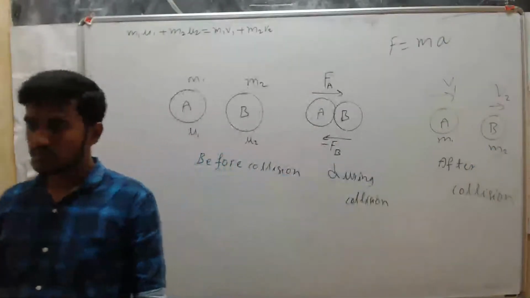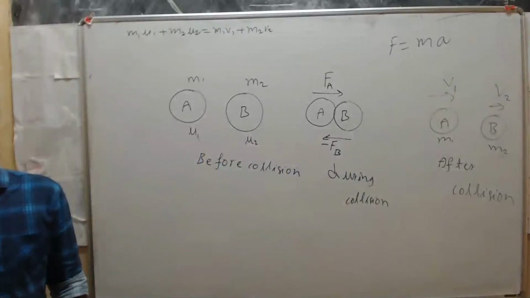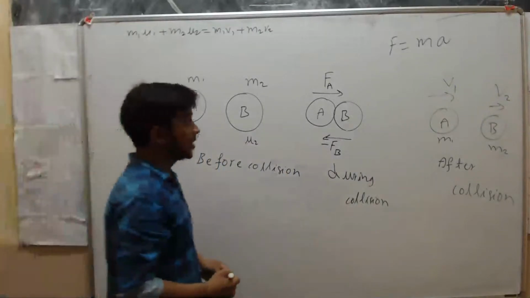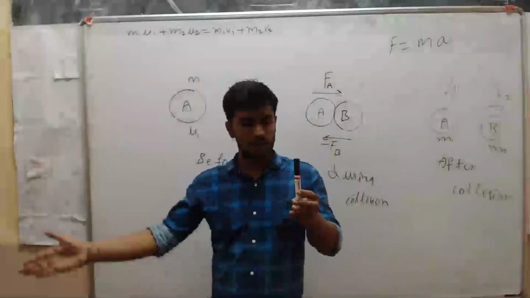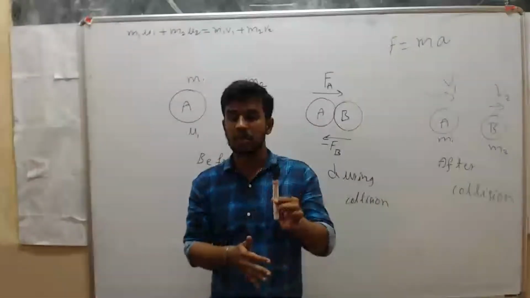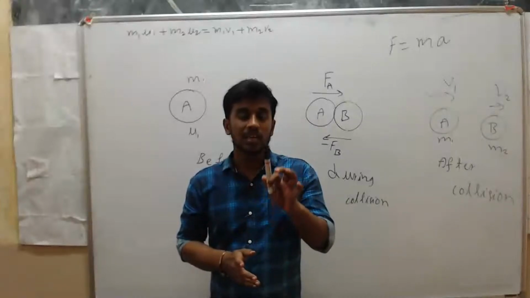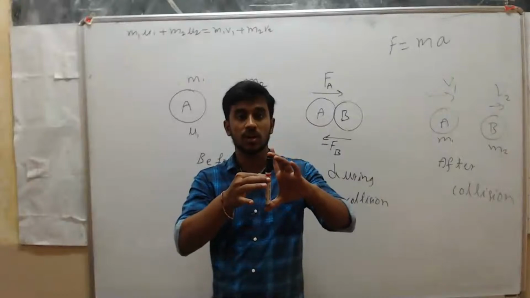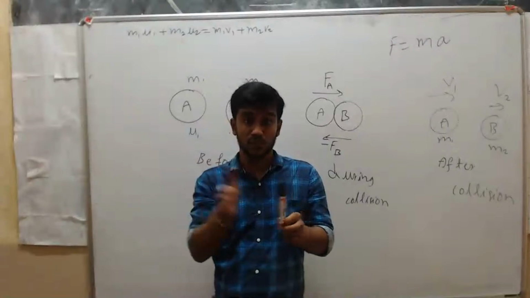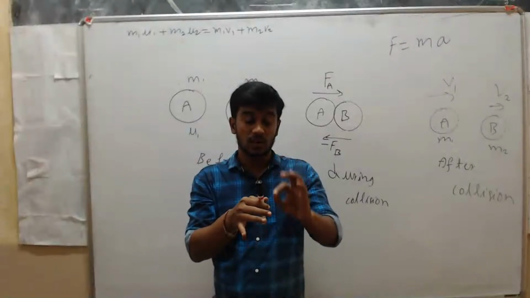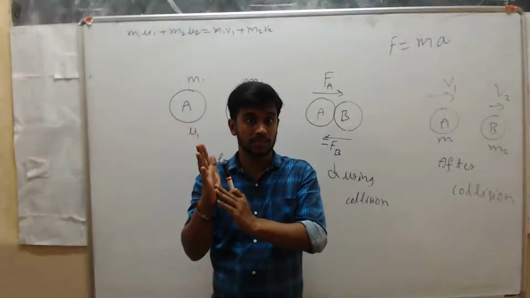What is the mass? For example, this is one object. I will apply force, and you calculate that applied force. Here you will consider the mass of this marker, not my hand.